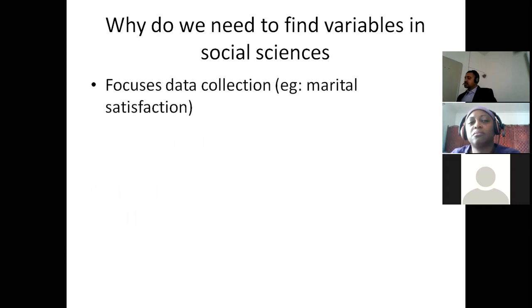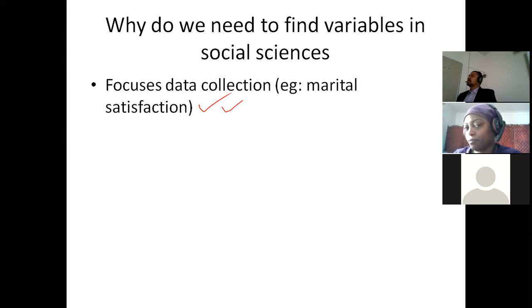One of the big reasons to still find variables is that it focuses data collection. For example, marital satisfaction. You can have different variables for that, and two researchers might disagree. One researcher might say marital satisfaction is based on combined disposable income, because it leads to being able to buy different things to satisfy yourself. Another researcher may say it's the degree of intimacy, or the number of intimate interactions they have per month.